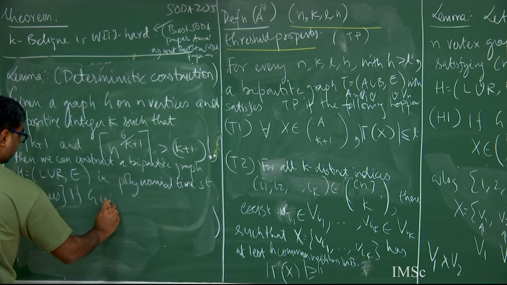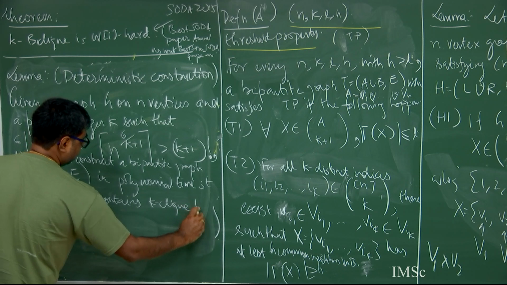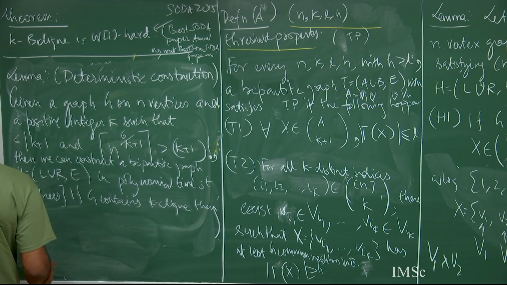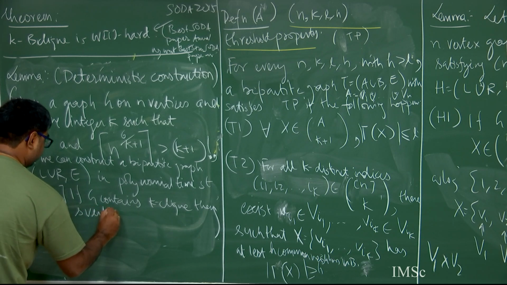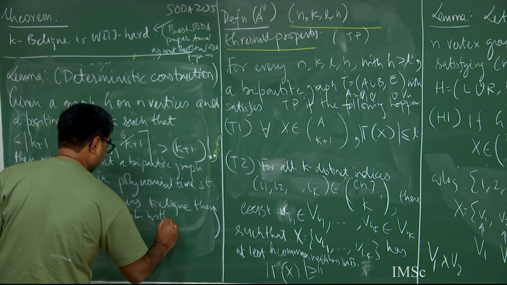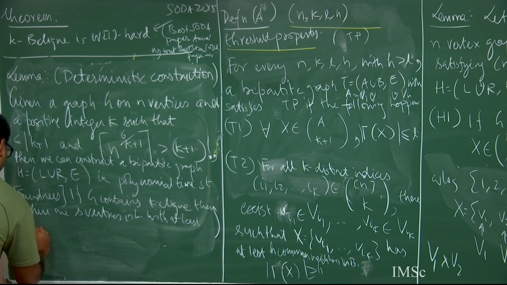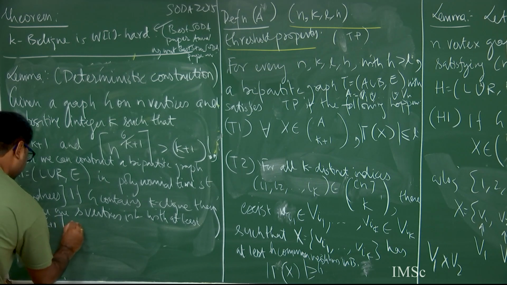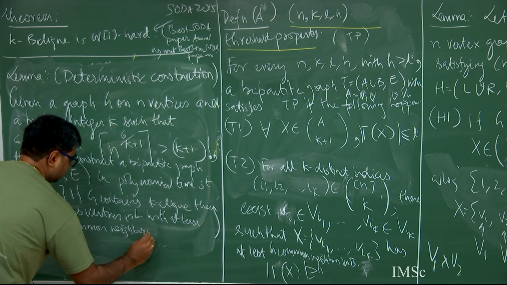If G contains a k-clique, then there are S vertices in L with at least n divided by 6k plus 1 common neighbors in R.